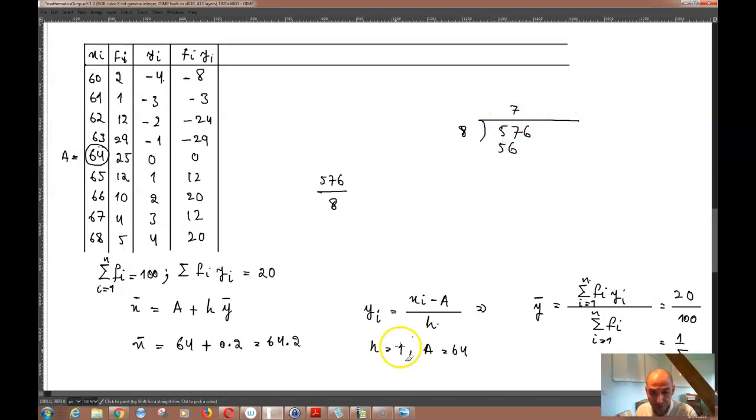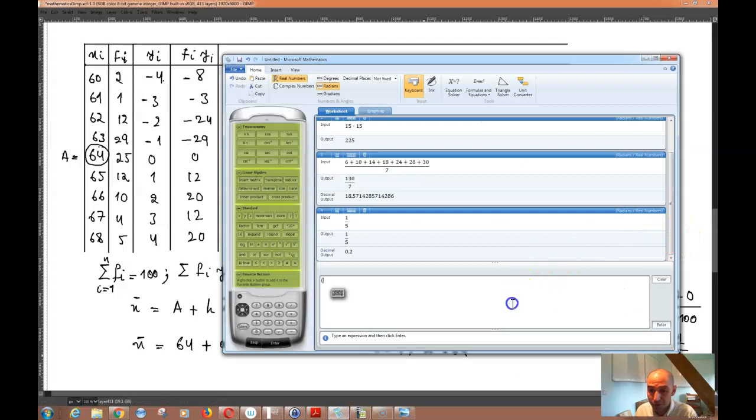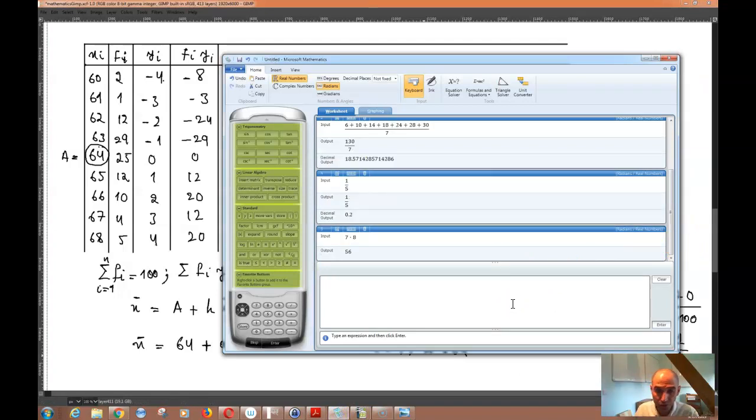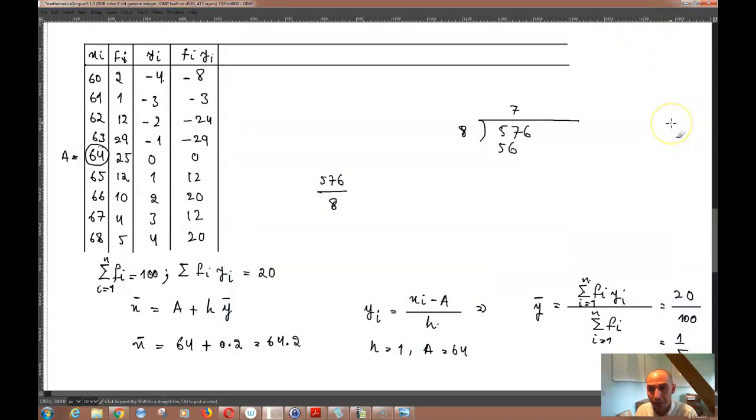If I'm not mistaken, sometimes I make mistakes with 7 and 8. 7 times 8 is equal to 56. And you have 16. 2 times 8 is equal to 16. That's 72.